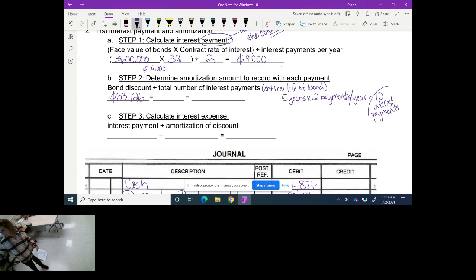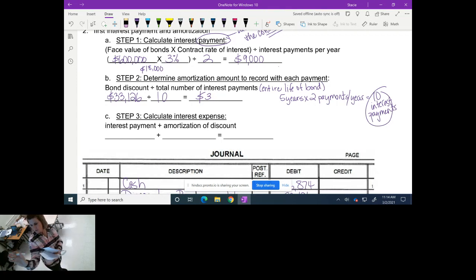All right, so we'll divide this number here by 10 and just round it. No, that ain't right. It is 3,313. Okay. So what that means is if every time we pay interest, we take off that much of the discount, then by the time the bond matures, it'll be gone.